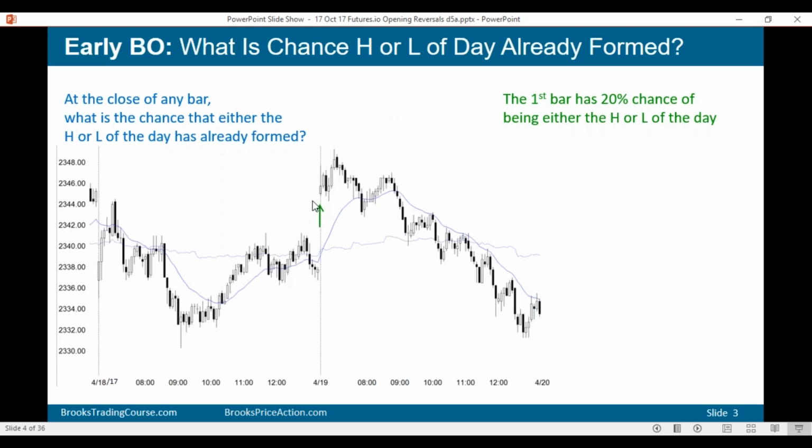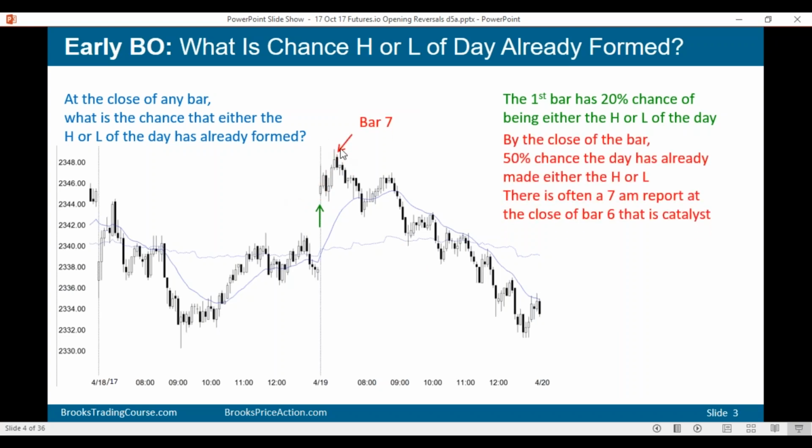Depending on context, sometimes the probability can be as high as 30%, but in general, there's a 20% chance that the first bar of the day will either be the low of the day or the high of the day. By bar 7, there is a 50% chance that this is going to remain the high of the day or this is going to remain the low of the day.